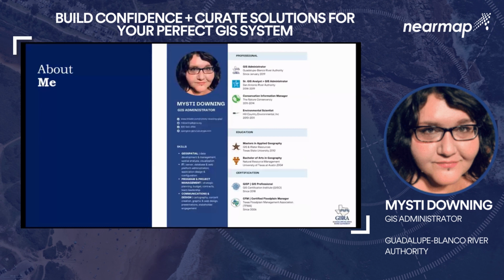So it was an easy transition. The river authorities are unique, but they have a lot of similarities as well. Previous to that, I worked mostly in conservation and environmental science. I have 2 degrees in geography, got my master's in GIS at Texas State, and I am a GISP and a certified floodplain manager here in Texas.